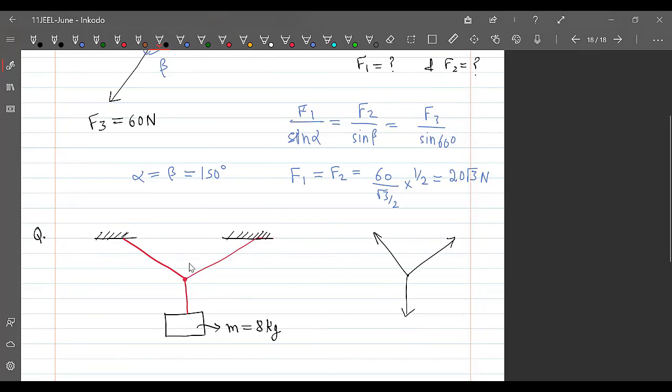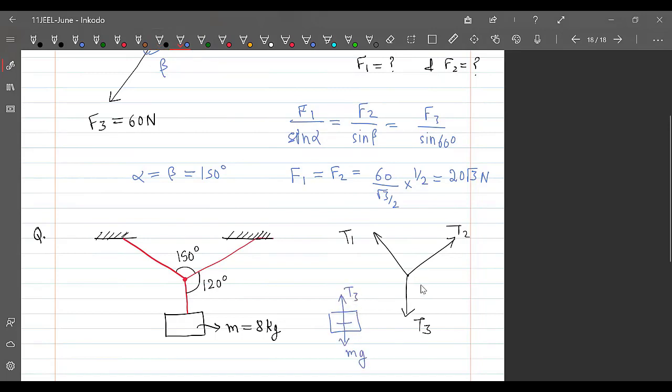and let us suppose angles are given. Let us suppose this angle is 150 degree. And this angle is given as 120 degree. And tension here, take T1, T2, T3. Then T3 you can calculate by using the FBD of this block. Draw FBD of this block. So downward force is mg, upward force is T3.